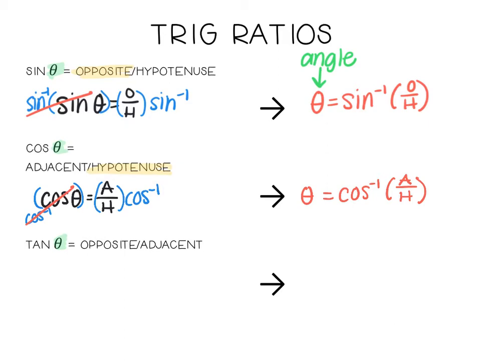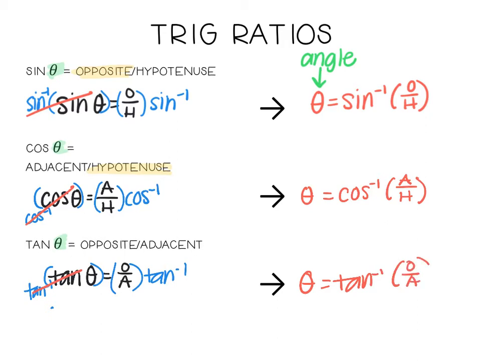Again, we'll do the same thing with tangent. Tangent of theta equals opposite over adjacent. We'll use that inverse, and we'll be left with theta equals the inverse tangent of opposite over adjacent.